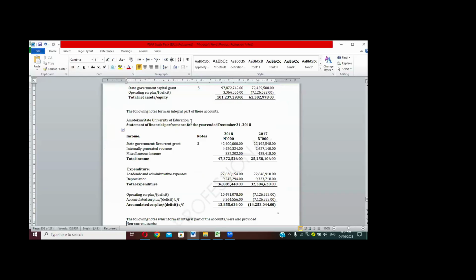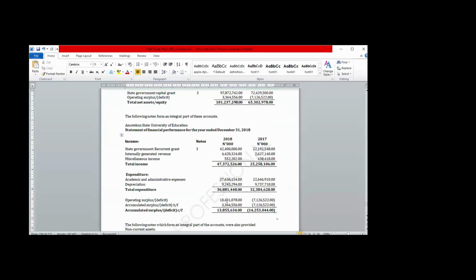Can we see the operating surplus? 10,491,078. Can we see that in 2018? Yes, we can. Now, that is what we are going to recognize first, surplus.